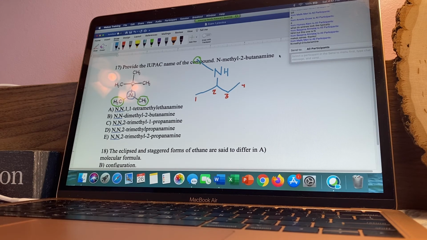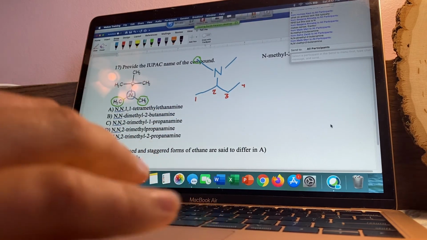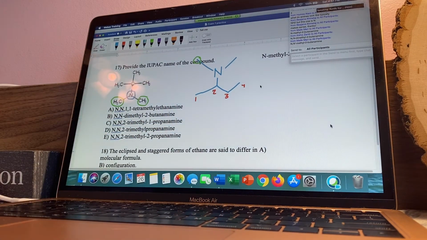So let's say I had something like this. We had 2 methyl groups. Both of the methyl groups are coming off of the nitrogen. So how would we name this one? Yeah, exactly.